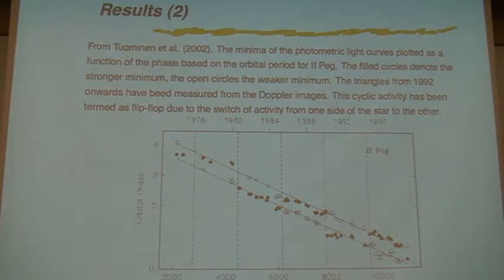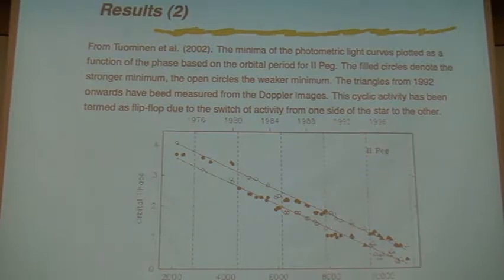And then you see that if you plot the strongest spot and the weakest spot, after some time they seem to change position. The idea is that you have these two spots separated by 180 degrees longitude, and then at some point the strongest spot moves to the other longitude and the weakest spot goes to the previous one. And this seems to happen somehow periodically in this star.